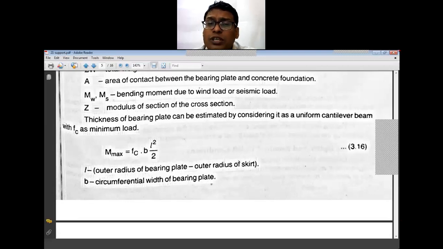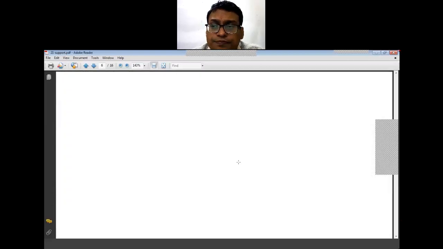Anchor bolts you can see everywhere, but in addition to that the base plate and the ring plates can also be seen at some locations where the height of those light poles is more. Then you can see the different support systems.